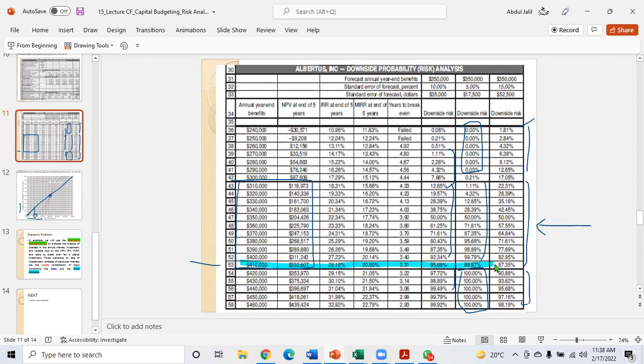If you compare with the previous value, how much change happened? 82 to 87, 5% chances. 99.97 to 79, only 0.2% chances, right? And 95.68 to 92.3% chances. So actually, only 3% chances have increased that you will earn 4 lakh 10,000 instead of 4 lakh, right?